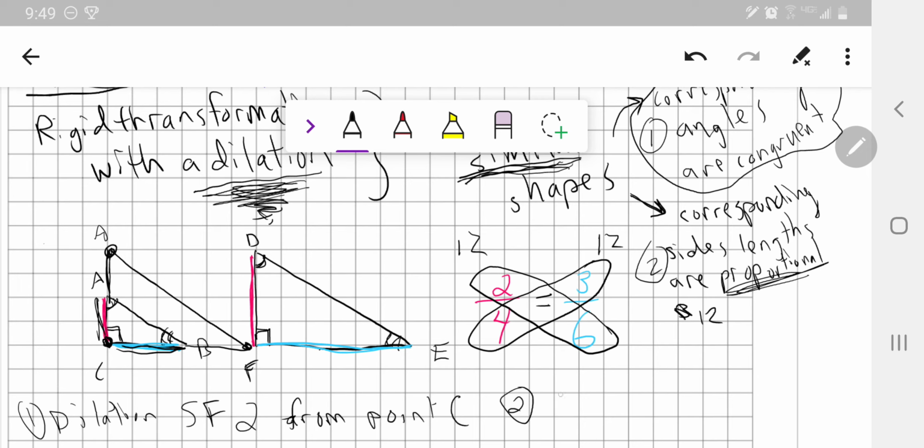Well, hopefully you said a translation. And in what direction? I think we need to move it right. And how many spaces? Well, we have to get that point all the way over to its corresponding point. So that's 1, 2, 3, 4, 5, 6 spots. So translation right 6.